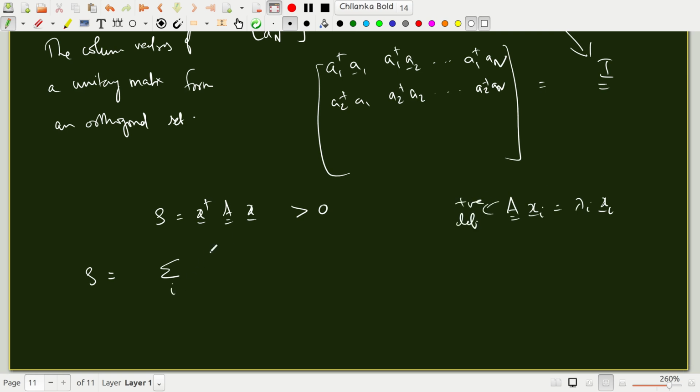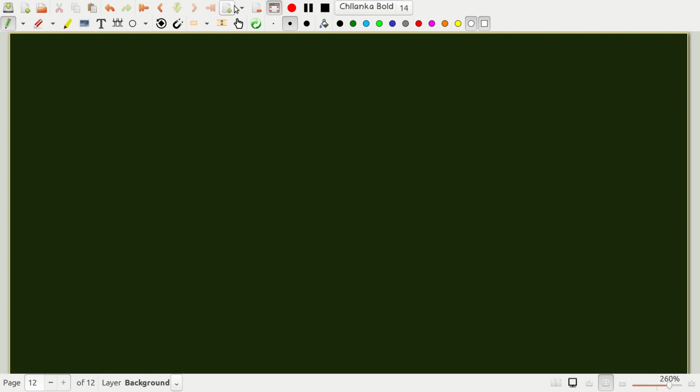So this means the summation over i, j of alpha i star xi dagger A xj alpha j. Now this is nothing but rho equals the summation over i and j of alpha i star alpha j lambda j xi dagger xj.